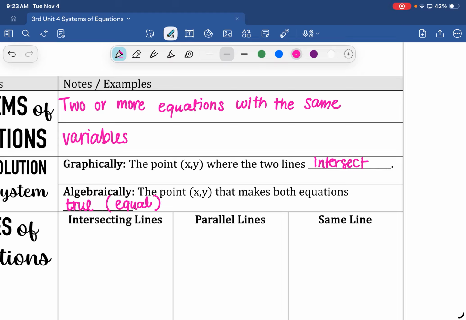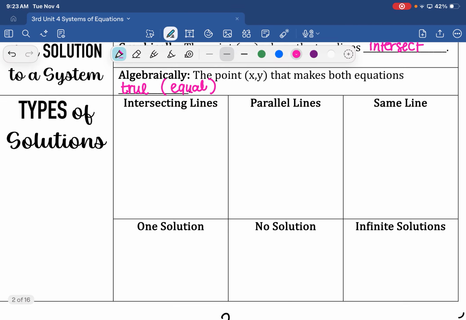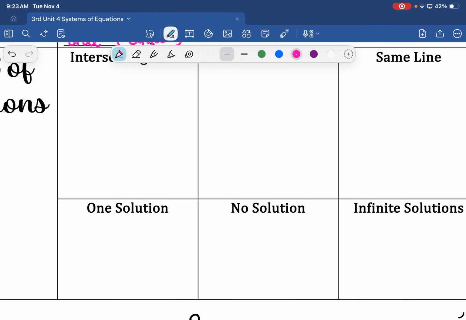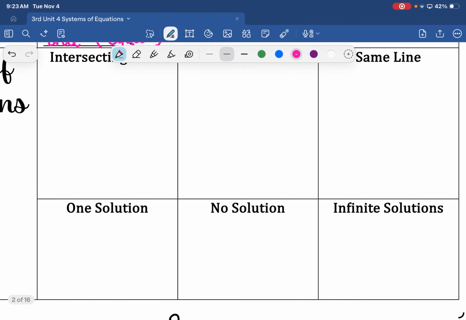Okay, so we're going to talk about the types of solutions we can have. So we can have one solution. We only get one solution when the lines intersect. So I want you to draw any two intersecting lines. It does not matter what they look like.